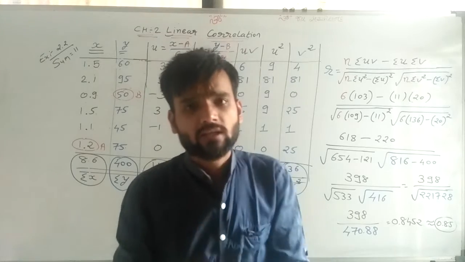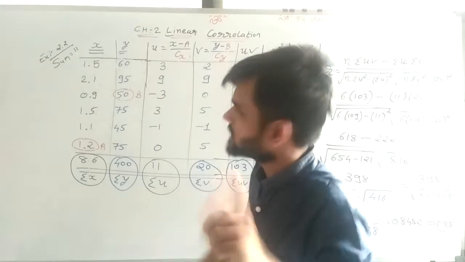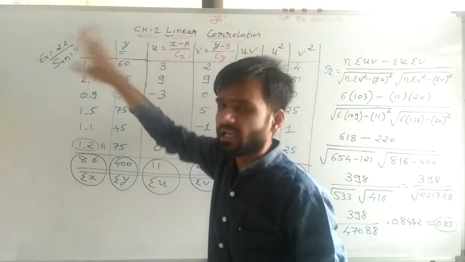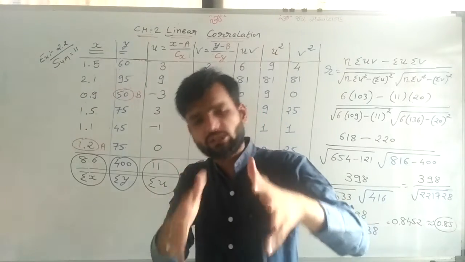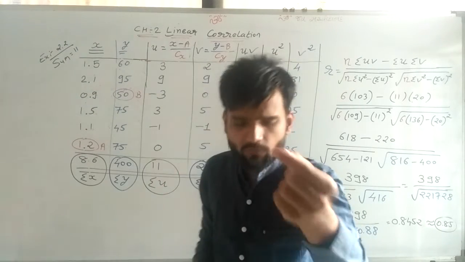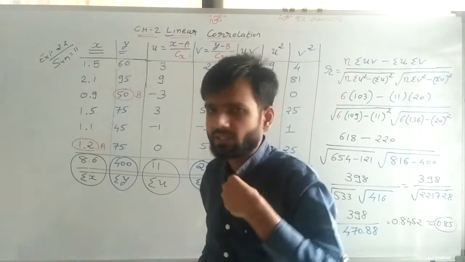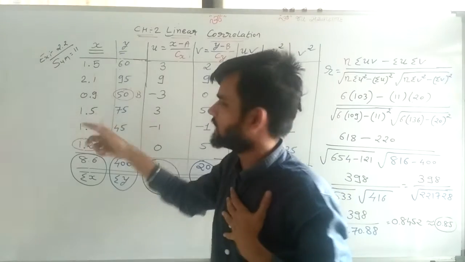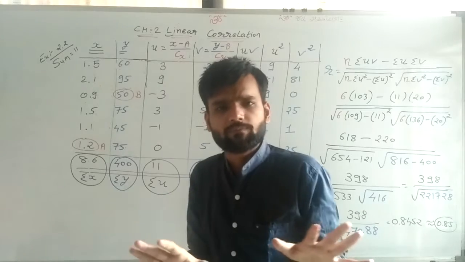For that, I have taken one sum which is given in your textbook, exercise 2.2, sum number 11. Only one change is done by me: 1.8 is given in your textbook and I have taken 1.5. That's it, nothing else.